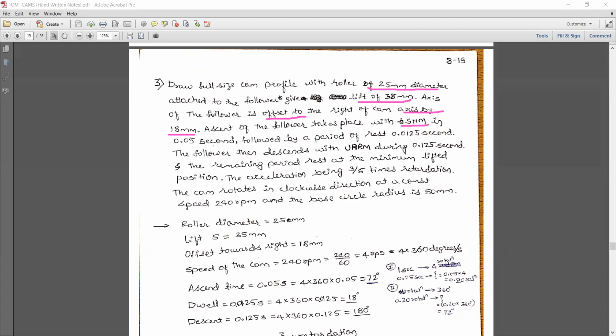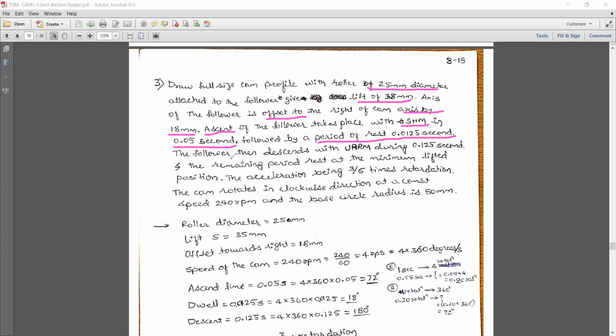Here is the 25 mm diameter roller, lift of 38 mm, and the cam axis offset by 18 mm. The ascent, means the rise part, takes place with SHM in 0.05 second, followed by a period of rest of 0.0125 second. Period of rest is also called dwell. Wherever the position it reaches at this point will remain at the same position for 0.0125 second.